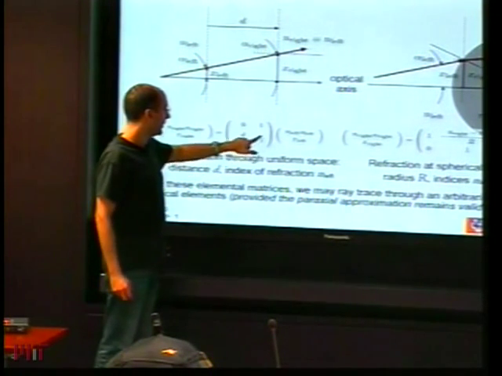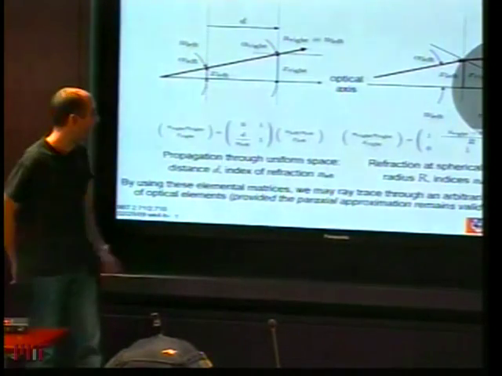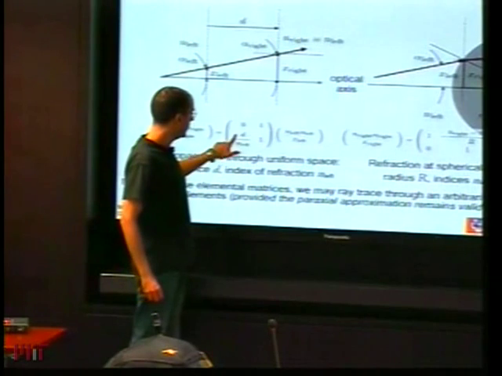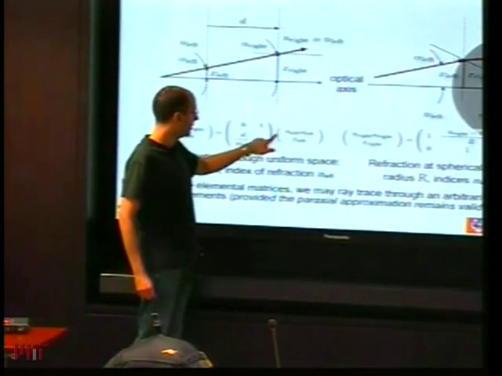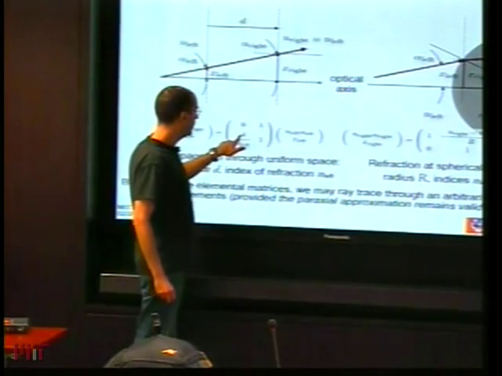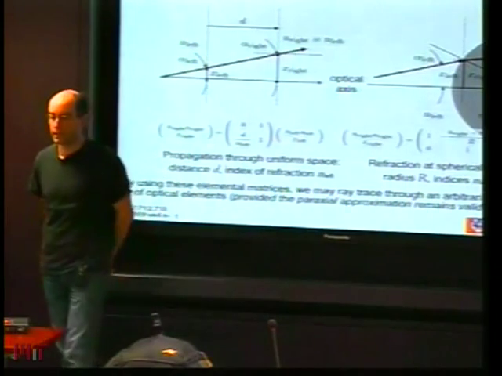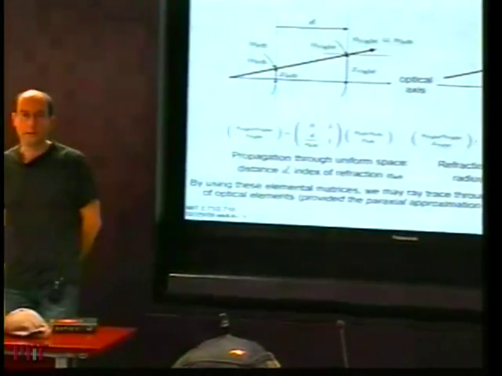But of course, we're in the paraxial approximation, so instead of the tangent, we put the angle itself. So this is what this equation says here. If you multiply this by this, the indices of refraction will drop out, and you're left with d, the distance, times alpha.